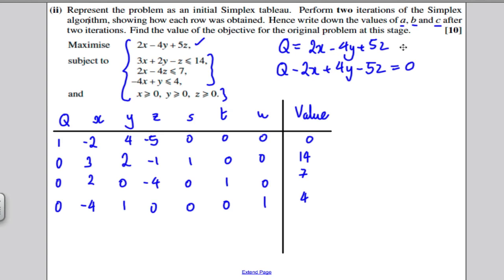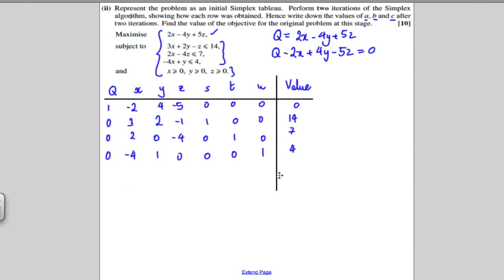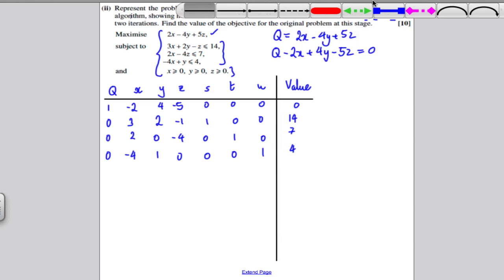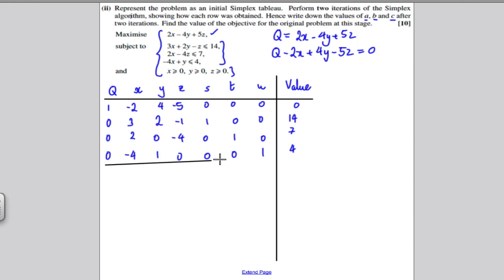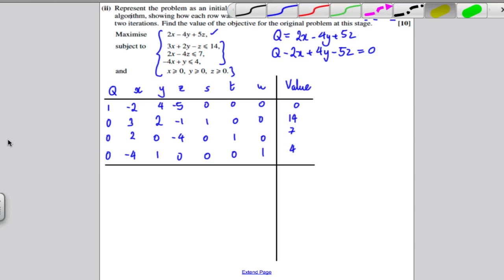Okay. At this stage, I'm going to perform the first stage of the algorithm on this page here. I'm just going to underline that first tableau there. Now, what I said we do is we look across the top row and we see the most negative, which is here. Then we perform the calculation of the value divided by each entry in that column.